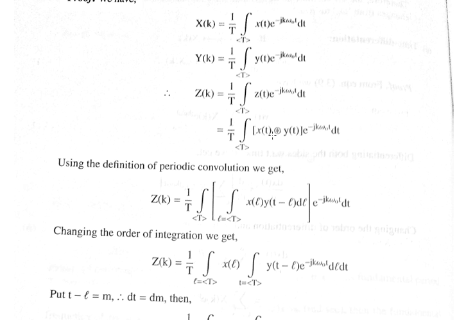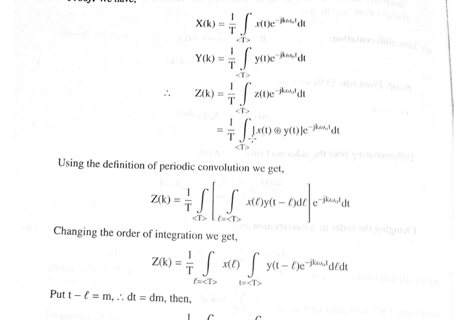In a similar fashion, let's use L in place of tau. Then x of t convolved with y of t becomes the integral of x of L y of t minus L dL.